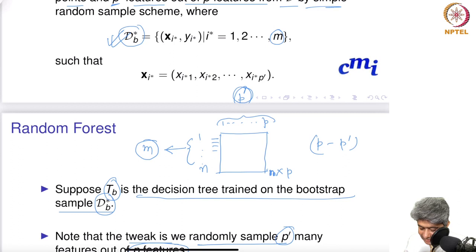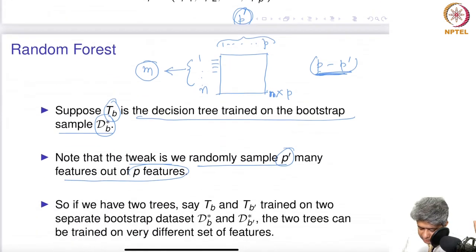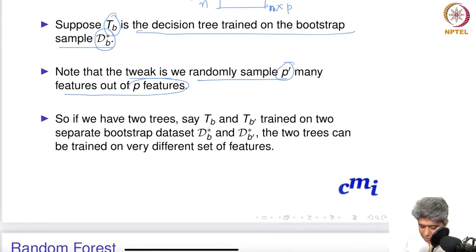In this dataset, p minus p dash many features will not be present. That is an interesting feature that I found. So you are dropping those features and you are building a sub model, a nested model. That is the tweak that they are doing.